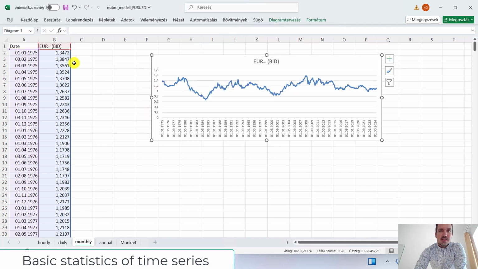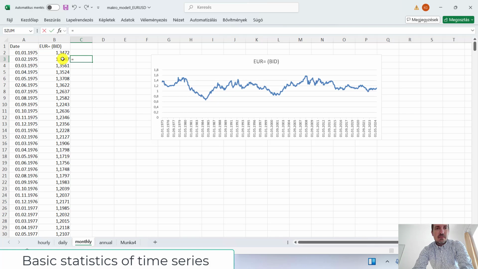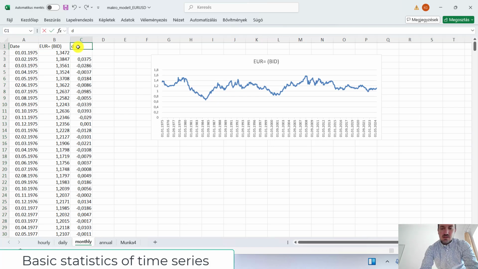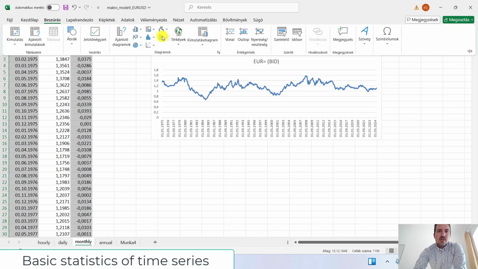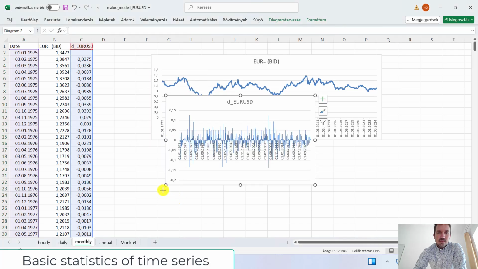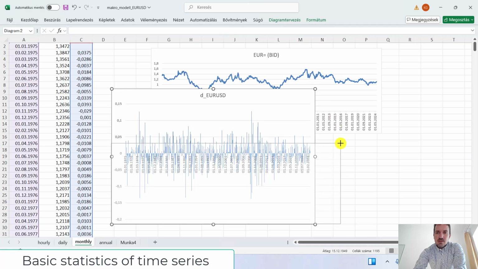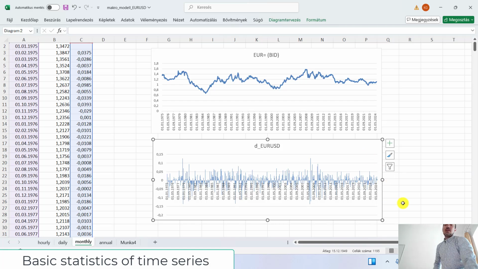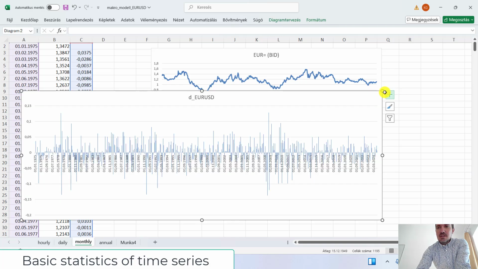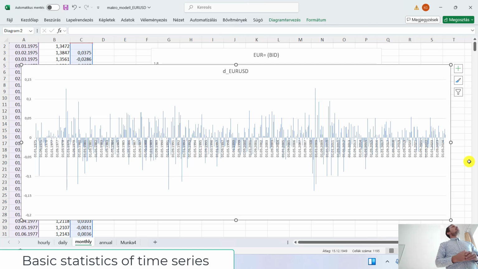So for practical implications, let's see what happens with the differential. If we are just checking the changes in the data set, okay, let's increase its size, then we can see the following pattern.